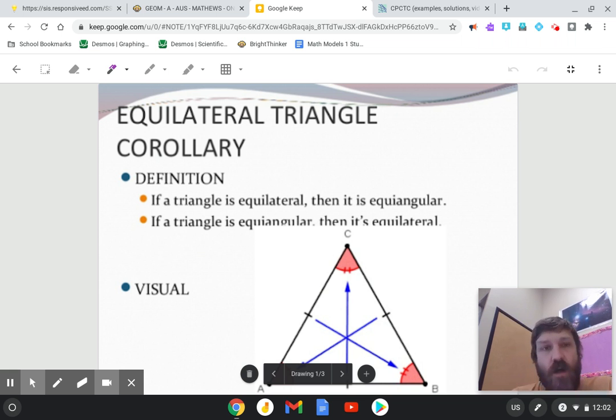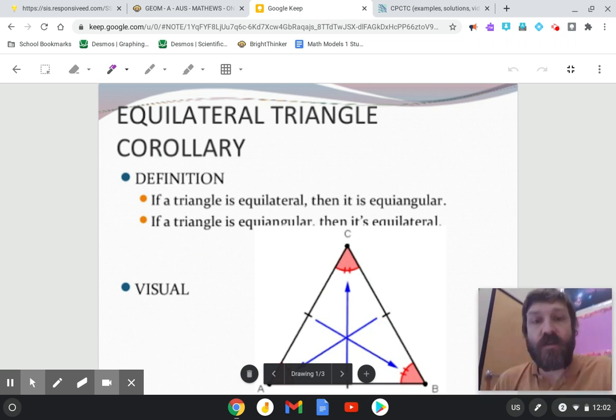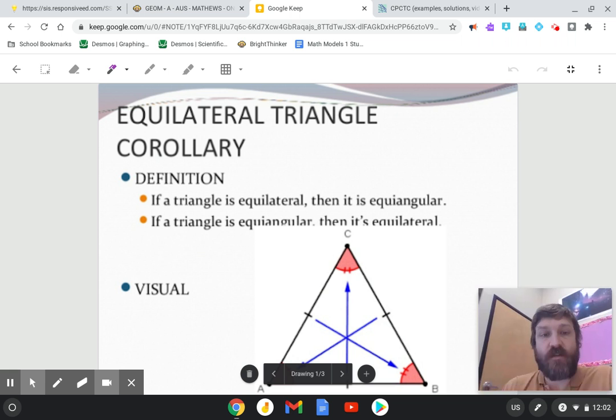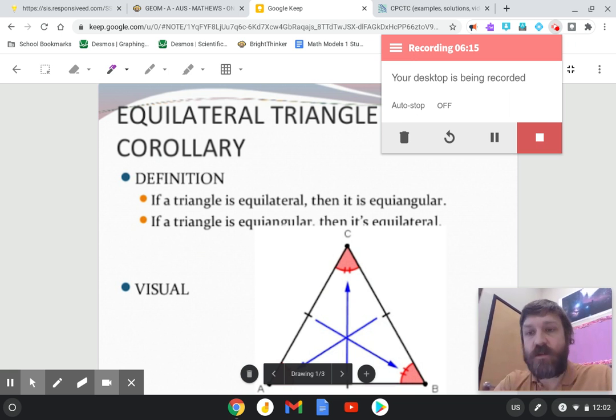And we've kind of already talked about this when we first discussed the different types of triangles, but this just states one of these obvious things, that if a triangle is equilateral, meaning all the sides are the same, then it is also equiangular. And if it is equiangular, then it is also equilateral. So that's pretty much it on that one. And so now what we're going to do is go through the different questions on the lesson that apply these different theorems.